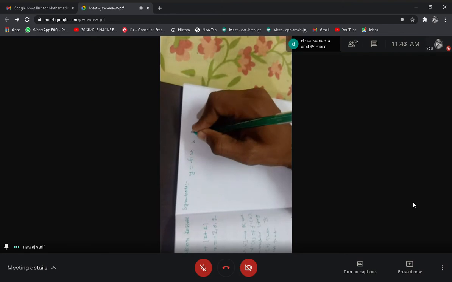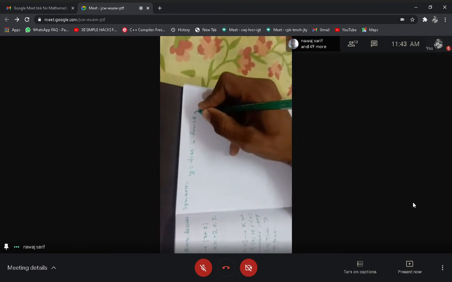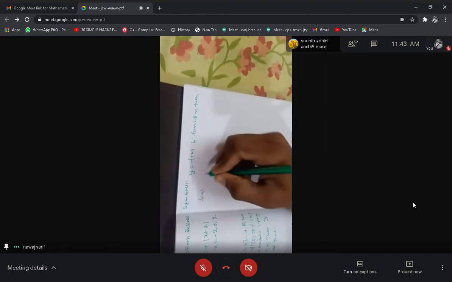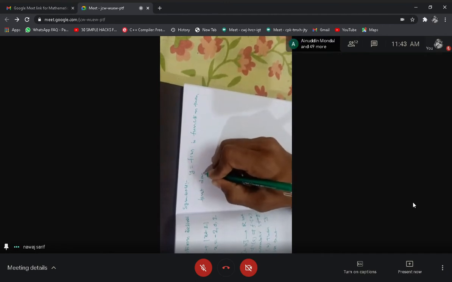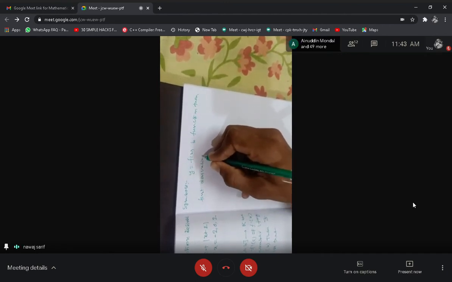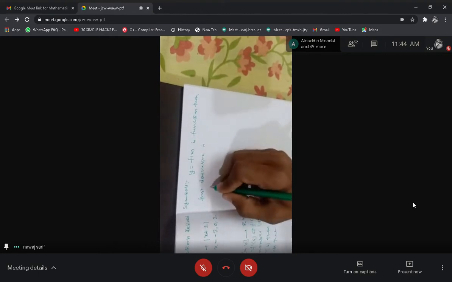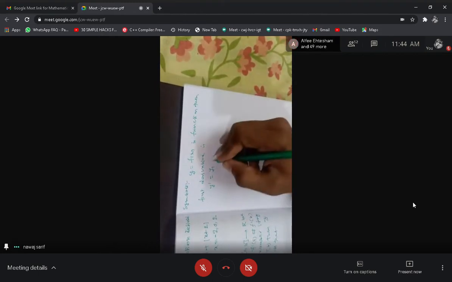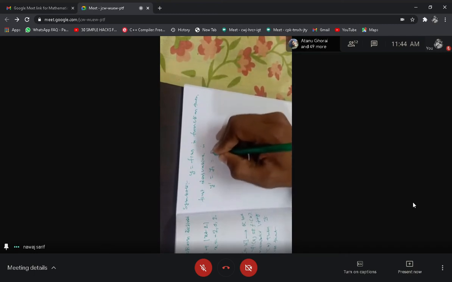How to denote, if y equals f(x) is a function, how to denote the first derivative? First derivative is either y dash or y1 equals dy/dx.